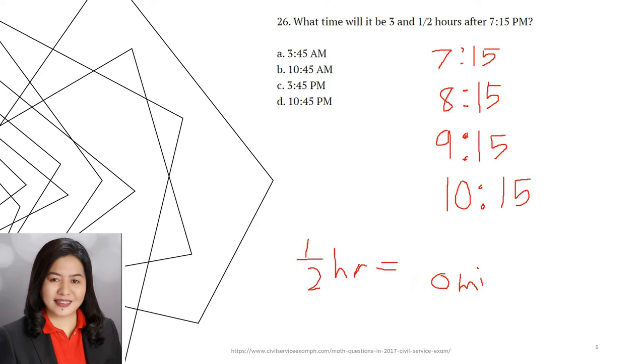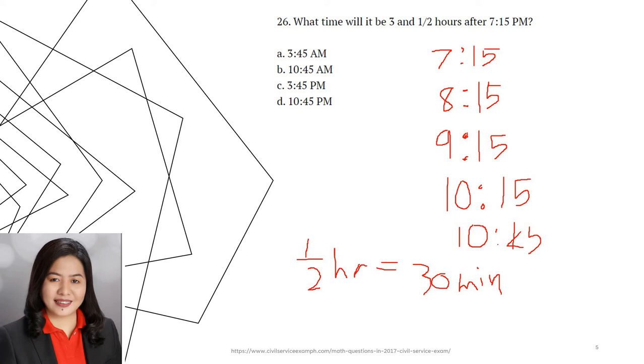That should be 30. So that's why we have to be very careful. We need to have presence of mind when solving, or else we might be assuming that our answer is right, but we have committed a mistake. So 30 minutes after 10:15 is adding 30 to 15, and that gives us 45 minutes.